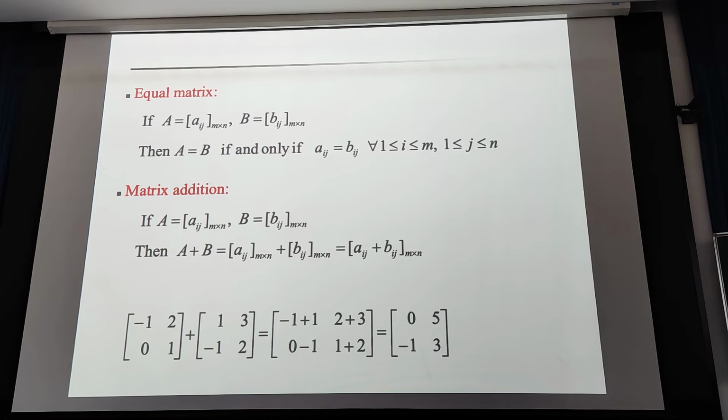The sum is a new matrix, of the same size as A and B, and the corresponding entry equals the sum of the corresponding entry of A and the corresponding entry of B. An example is here for you to easily imagine how we can define it.